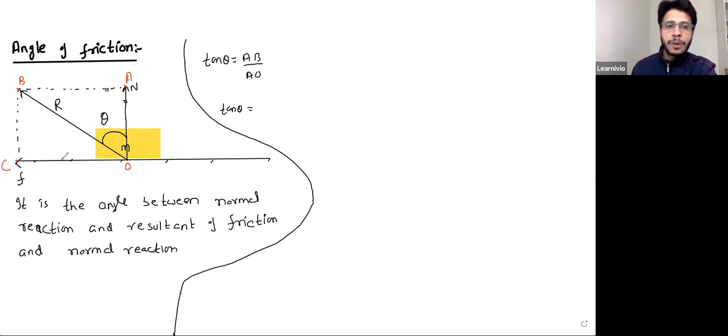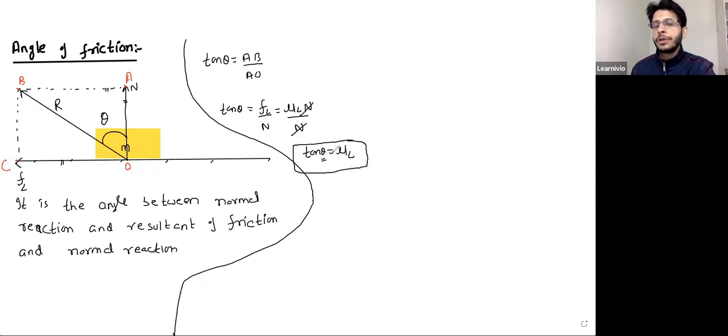This side AB is parallel to the frictional force, so this is F. And this is limiting friction, since the body is at rest, so the friction is limiting, divided by AO. AO is the normal reaction. You can write your force of limiting friction as mu L into N, divided by N. This N will cancel this N and you will get that tan theta is mu.